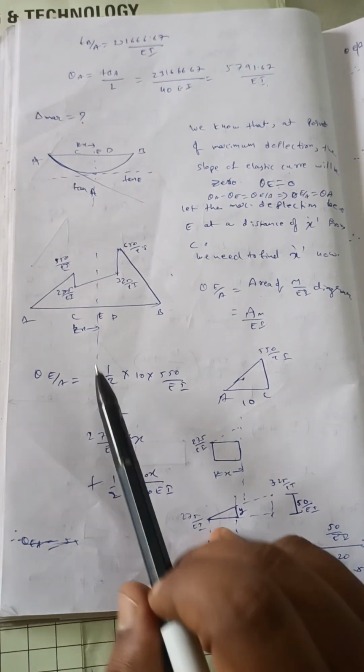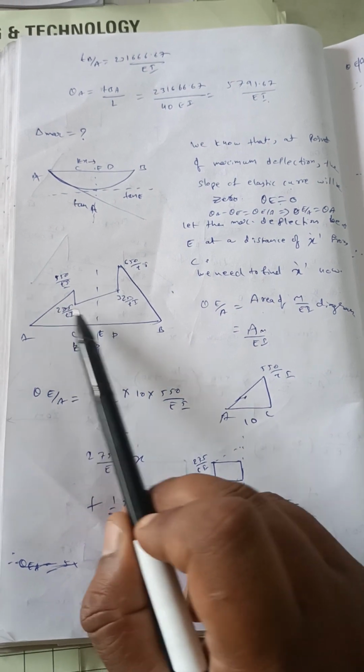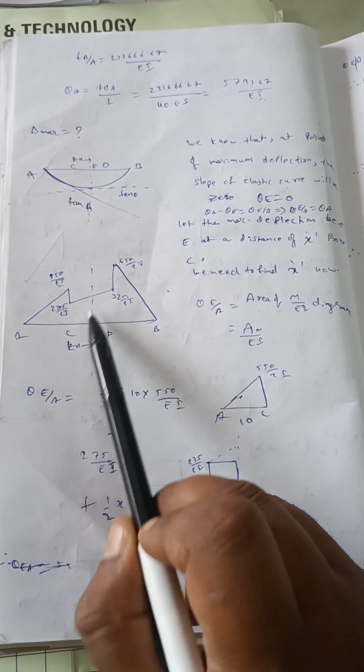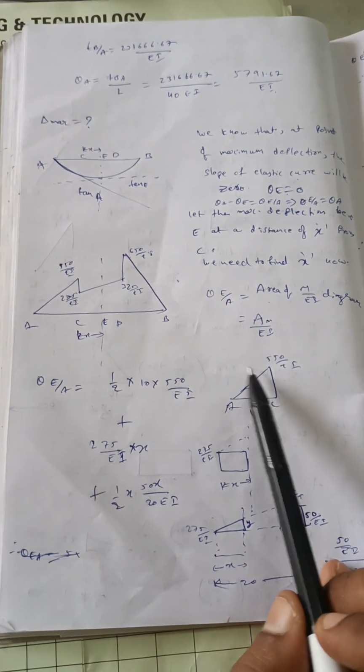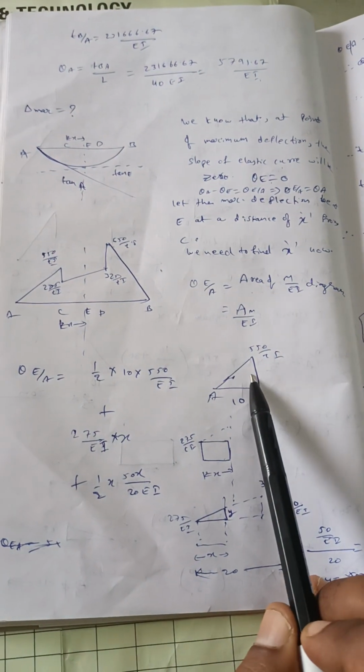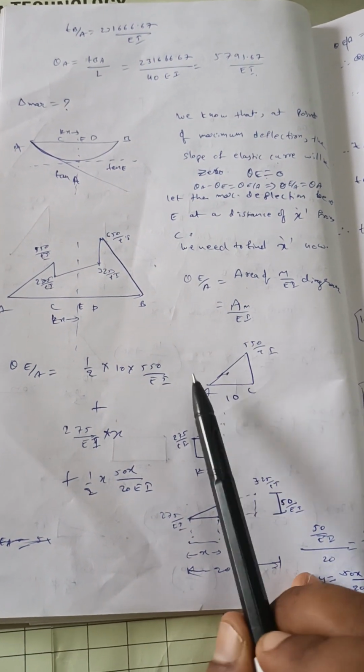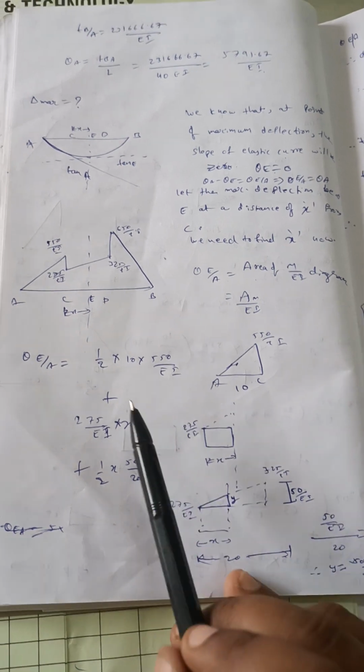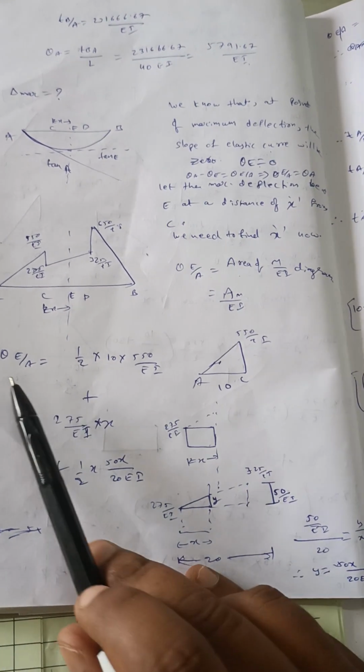We can divide this area into three portions. The first portion is half into 10 into 550 by EI. Only area here, no x bar, because it's just theta.